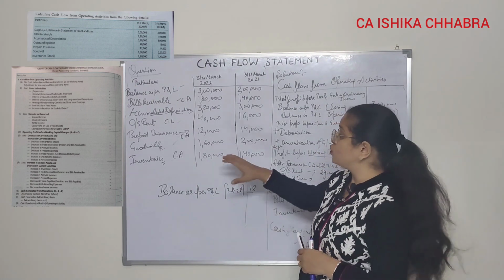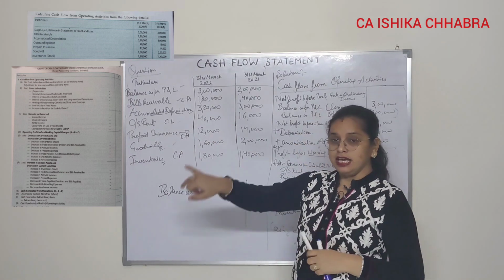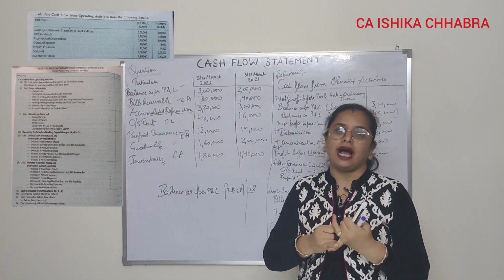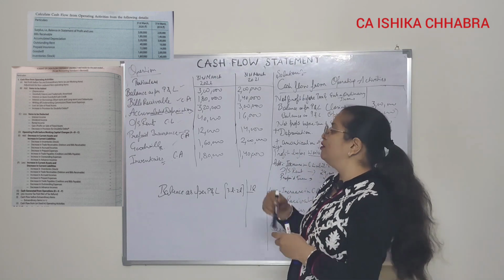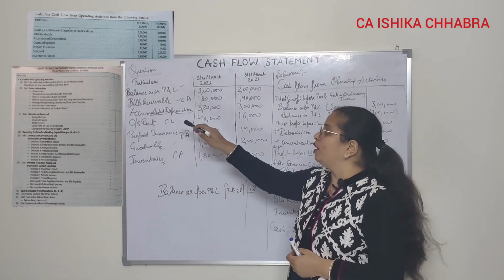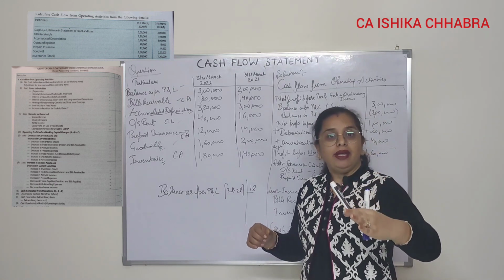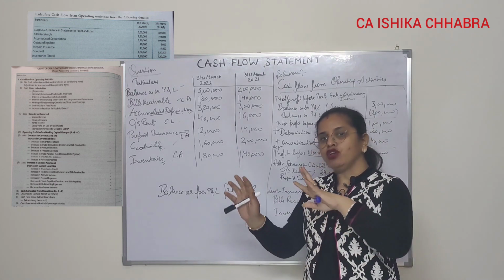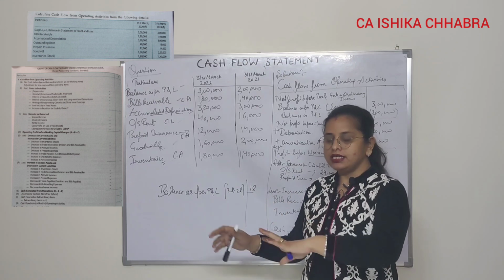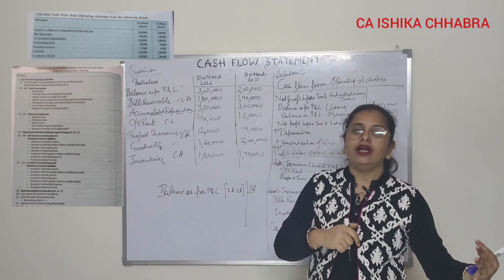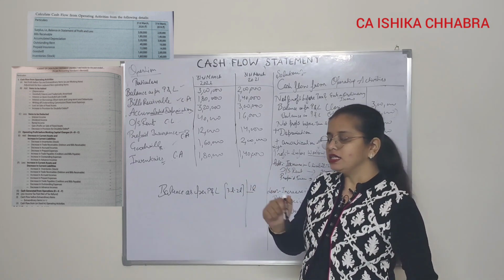If it is increased, then it is related to investing activity. But if it is decreased, that means it is amortized. Amortization is very similar terminology to depreciation, as depreciation is for fixed assets, tangible assets, and amortization is for intangible assets like goodwill and patents.